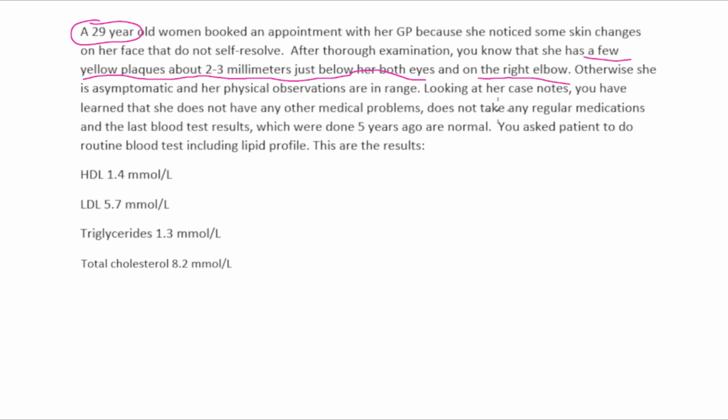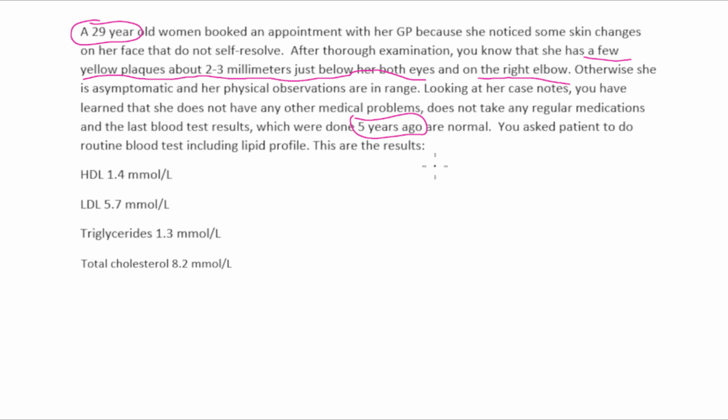Looking at her case notes, you have learned that she doesn't have any other medical problems, doesn't take any regular medications, and the last blood test results, which were done 5 years ago, so quite a long time ago, were normal. So you asked her to repeat blood tests, including a lipid profile.